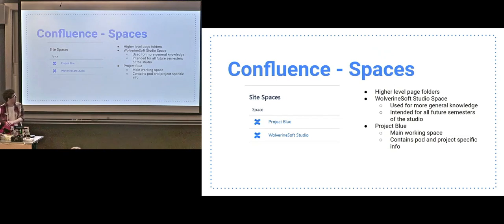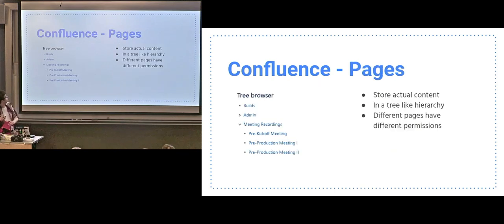Really it's just a database of knowledge that's intended to be kept throughout the duration of the studio's existence. And then Project Blue is the main space that we'll be working in this semester and where the majority of our documentation will be taking place. It also contains documentation for specific pods. All right, moving on, pages.